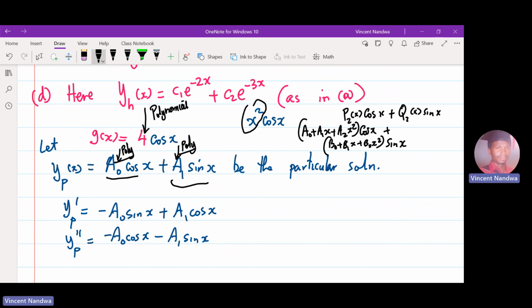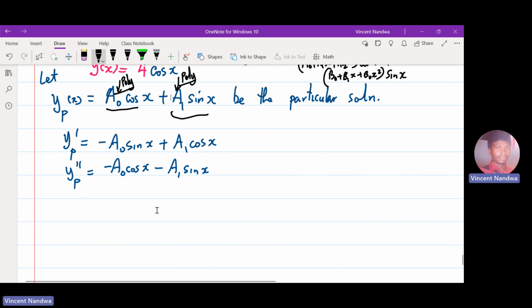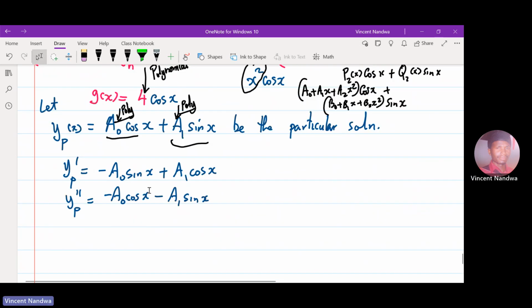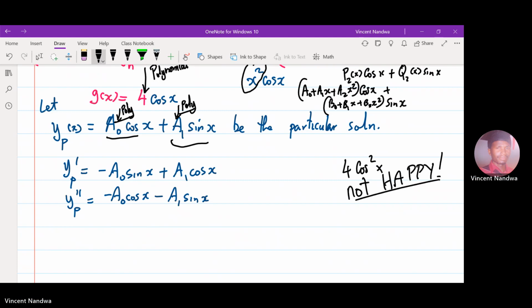Good. So now let's do the substitution. We get 4 cos squared x. So we are not happy with this. We are not going to use this method to solve it.